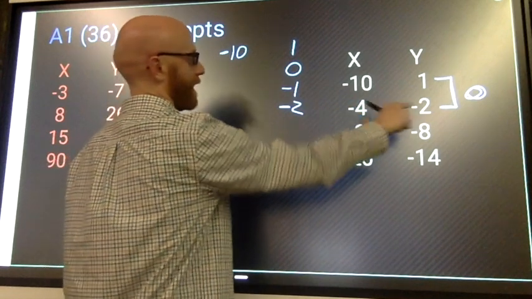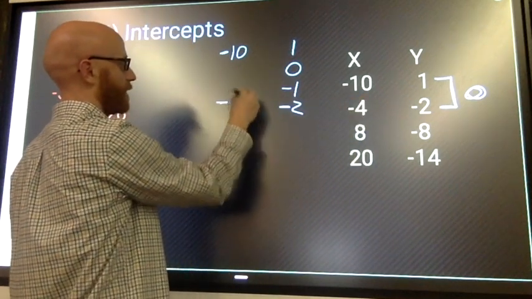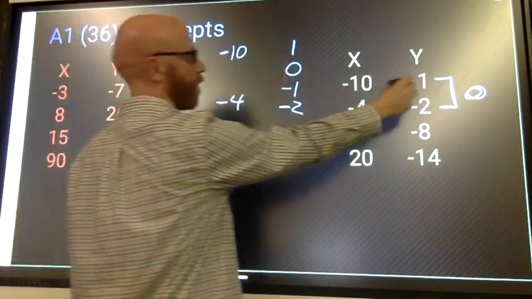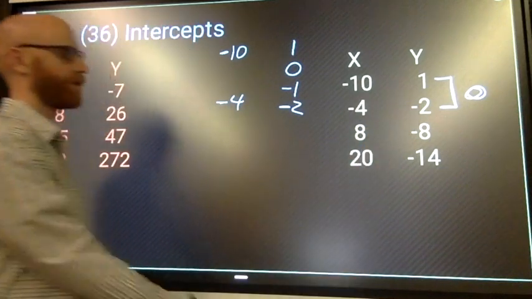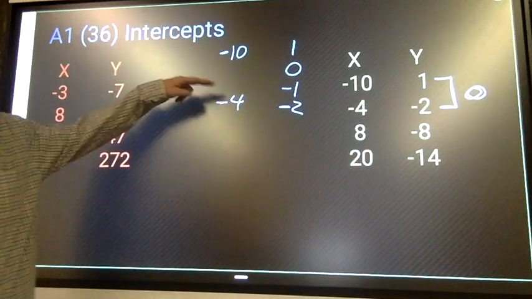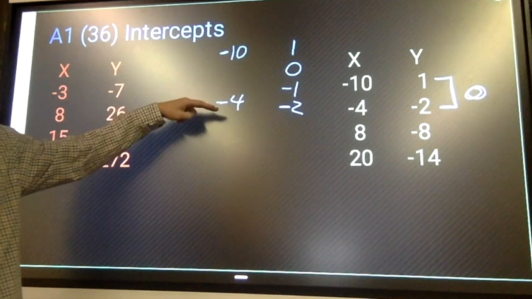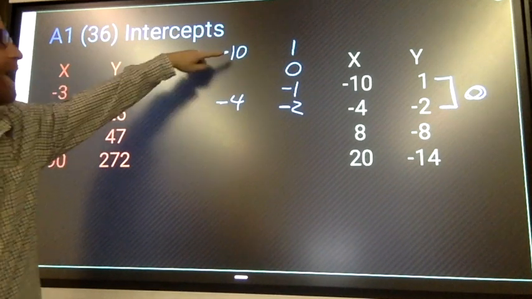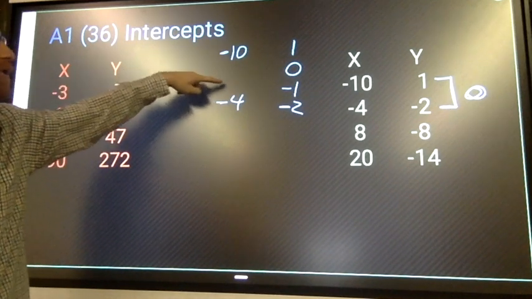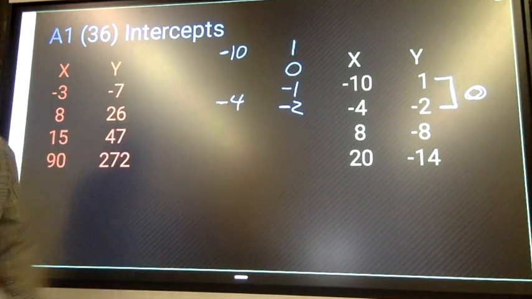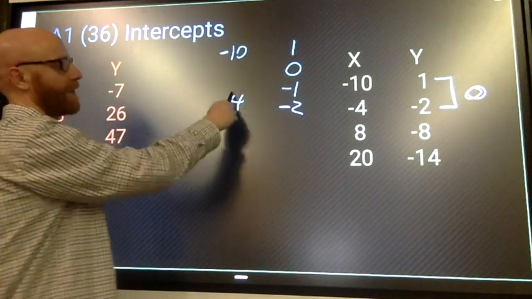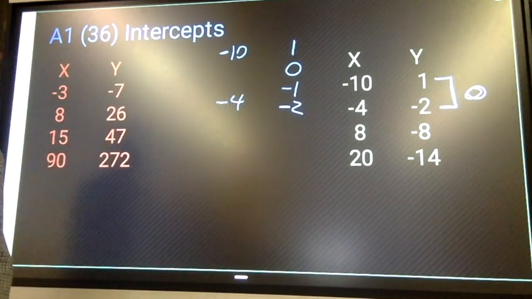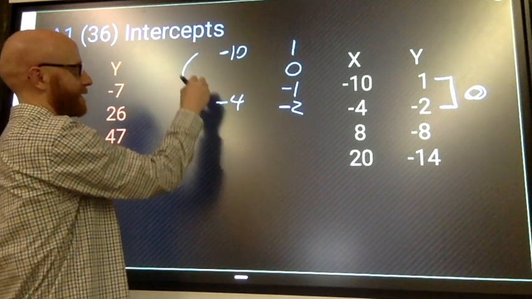Right now, from my table, all I know are the end points. -10 goes with 1, -4 goes with -2. And the question is, can I fill in this gap? All right, I'm going to need to make 1, 2, 3 steps, and I need to get from -10 to -4. So I'm traveling up 6.